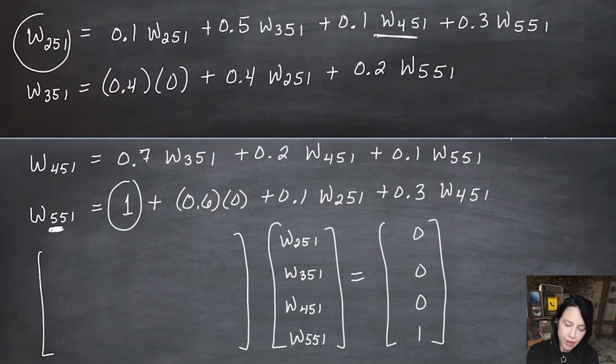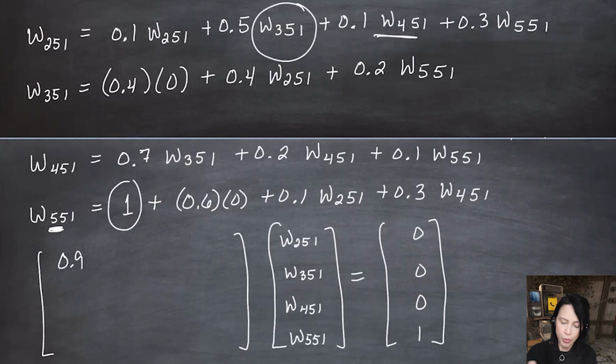I've got W251 and I'm subtracting 0.1 W251. So I have 0.9 as my coefficient for W251. I've got W351, I've got 0.5 of those moving over to the left, so I have negative 0.5. I've got 0.1 W451 moving to the left, so negative 0.1.